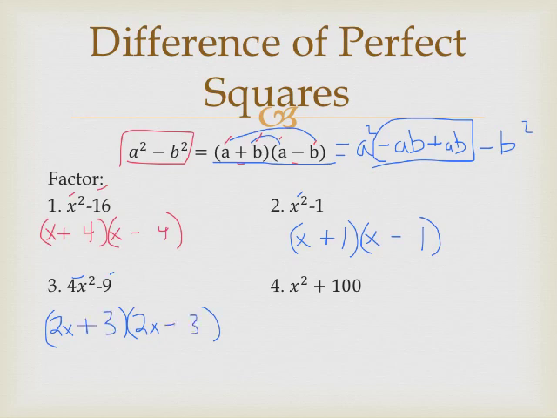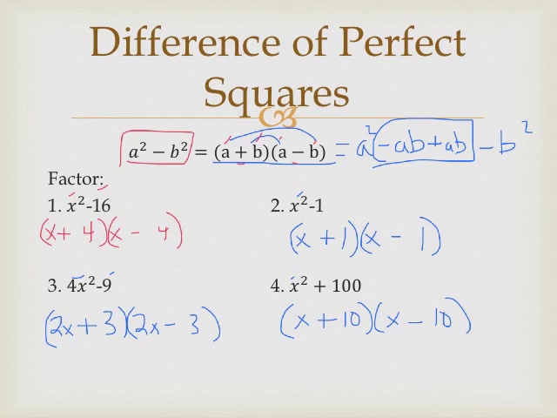And so this will factor into the conjugate pair, 2x plus 3, 2x minus 3. And then last but not least, we have x squared plus 100. x squared is a perfect square of x times x. 100 is a perfect square of 10 times 10. And so these should be the conjugate pair, x plus 10, x minus 10, but it is not.